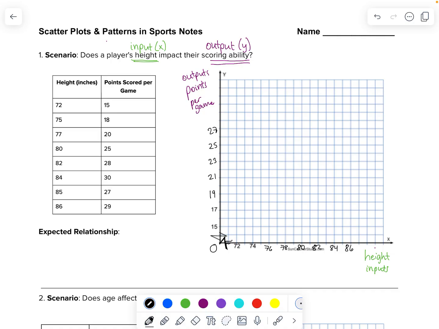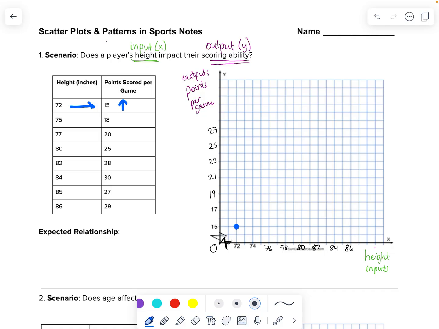All right, let's plot these points so we can see if there is a relationship between a player's height and their scoring. So we want to graph each one using the input first and output second. And output is y, input is x. So we're going to go to 72 and go up to 15. That's our first point.